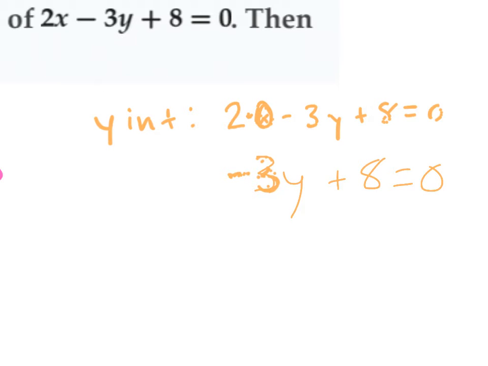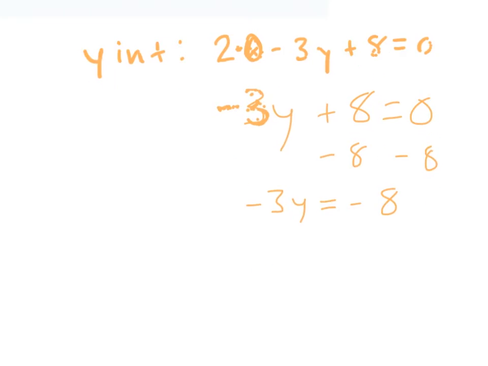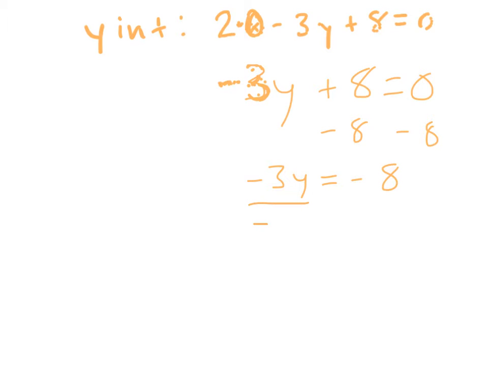What do we need to do to solve for y here? How do we solve for y? Subtract 8 on both sides. So negative 3y is equal to negative 8. Then we need to divide by negative 3.